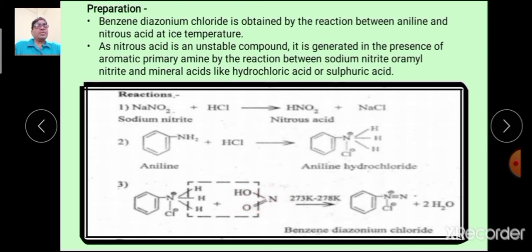Of course, the temperature is 273 Kelvin to 278 Kelvin, and thus benzene diazonium chloride salt is obtained, and this is the preparation of benzene diazonium chloride.